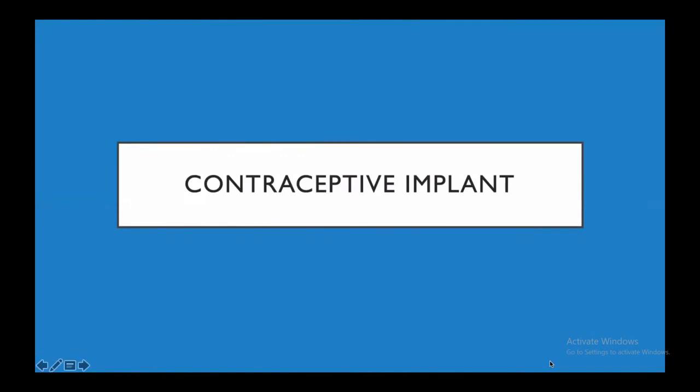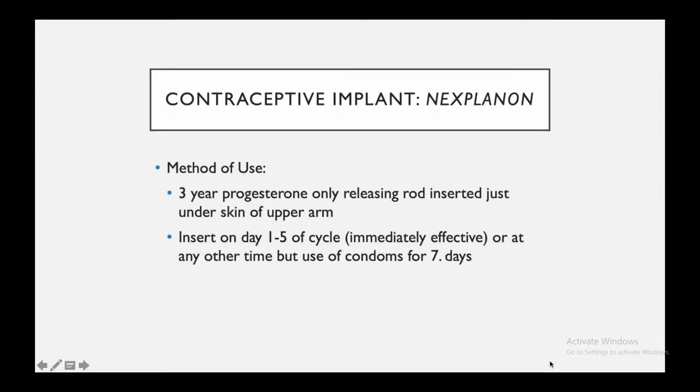So let's talk about the contraceptive implant. So in terms of the contraceptive implant, this is a progesterone implant. So it's called Nexplanon. So method of use, it's a 3-year progesterone only releasing rod inserted under the skin of the upper arm.